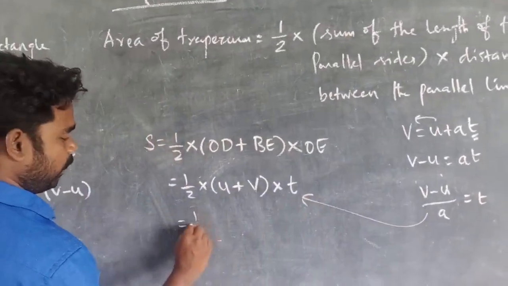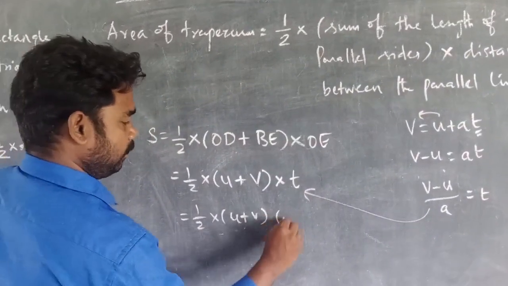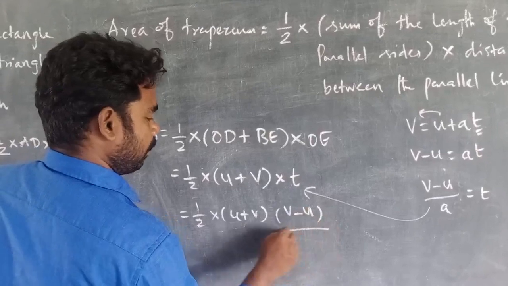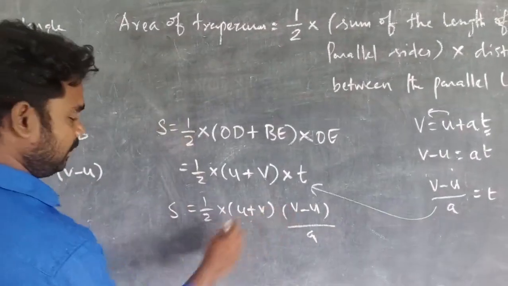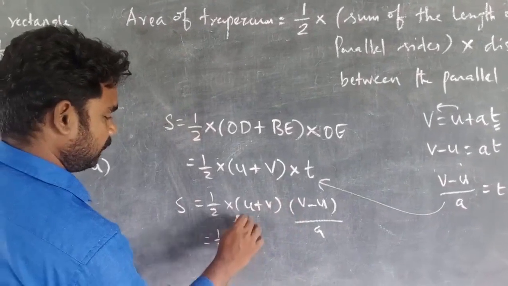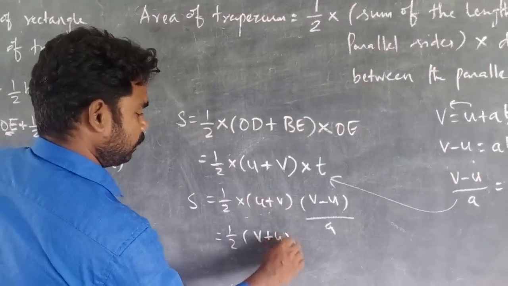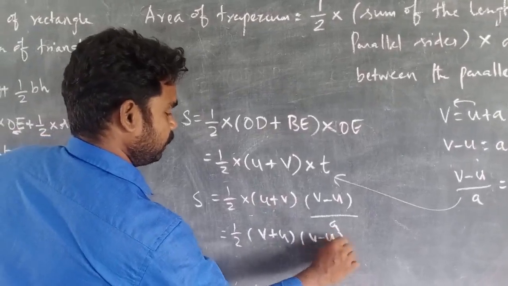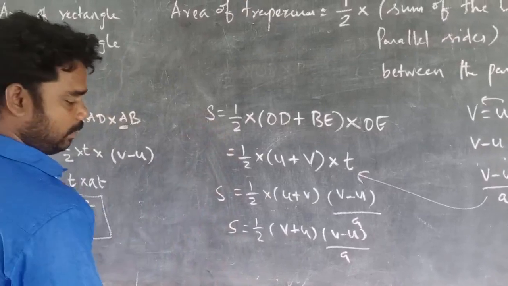Then 1 by 2 into U plus V into V minus U by A. This is the value of S. For a sign convention, we can have a small alternate here, V plus U and V minus U by A. This is the value of S.